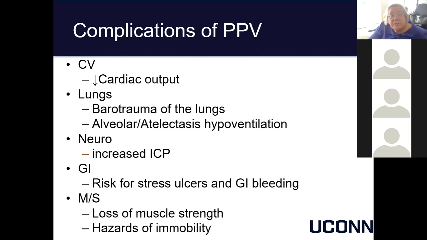If the pressures are too high, you have barotrauma of the lungs, which leads to scarring and fibrous tissue development of the lung tissue, which has long-term sequelae. That scarring and fibro lung development typically does not resolve over time. So these folks have long-term respiratory problems.